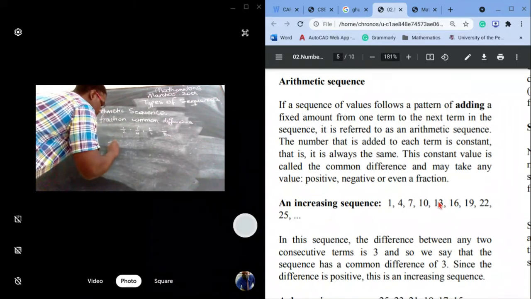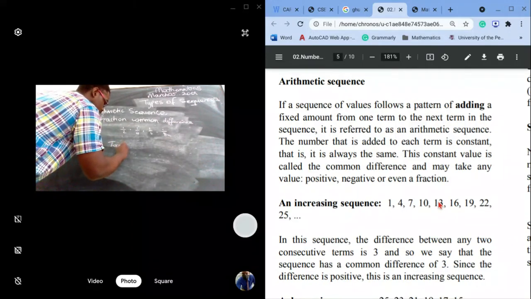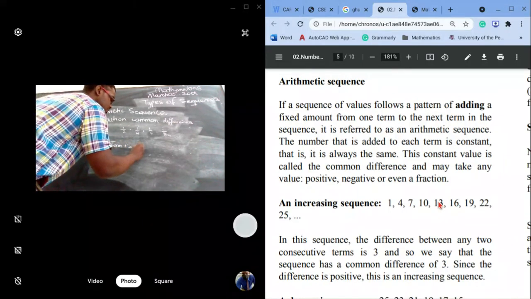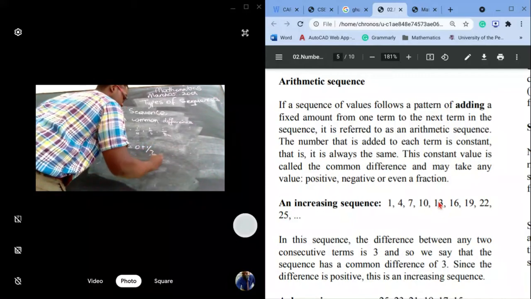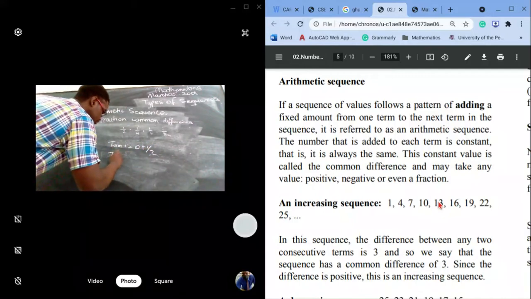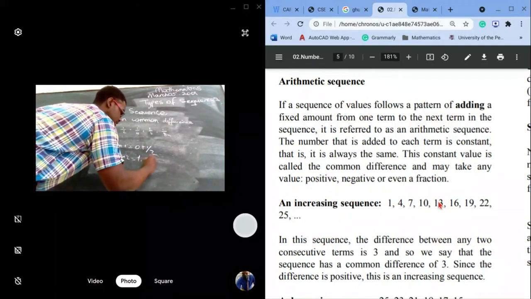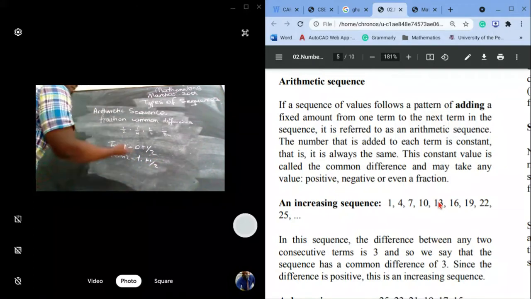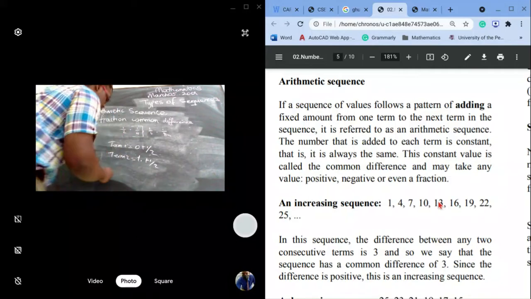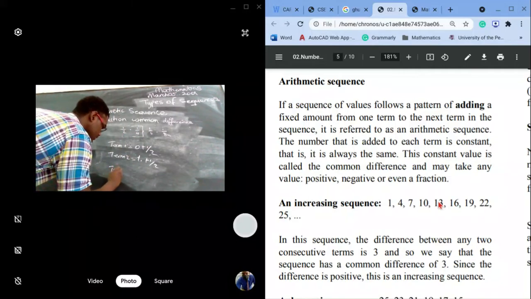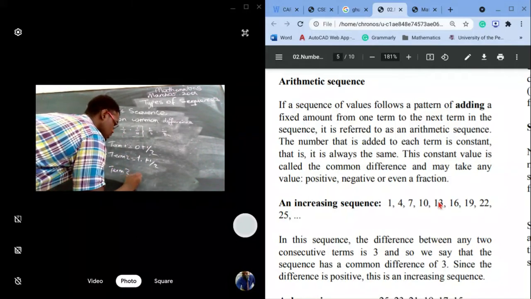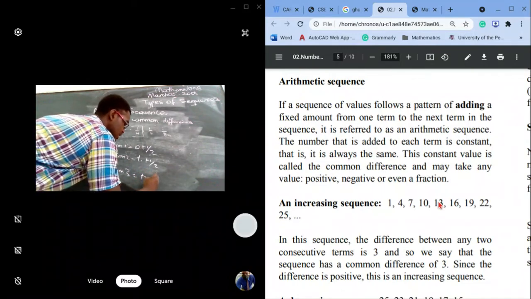So term 2, let's start with term 1, is equal to 0 plus a half. Term 2 is equal to term 1 plus a half. So a half plus a half will give me a quarter, that's true. Term 3 will be term 2 plus a half.